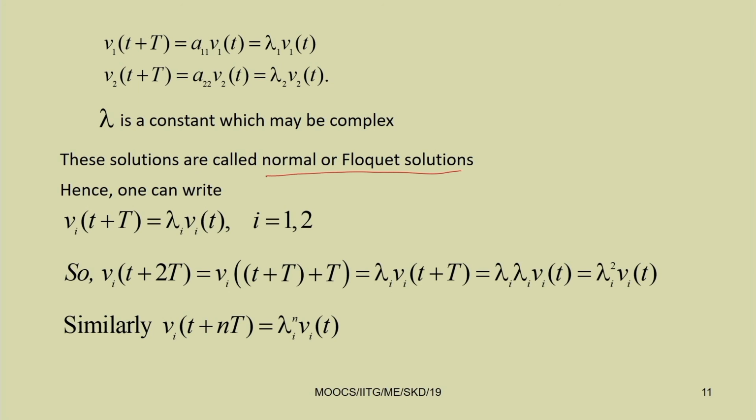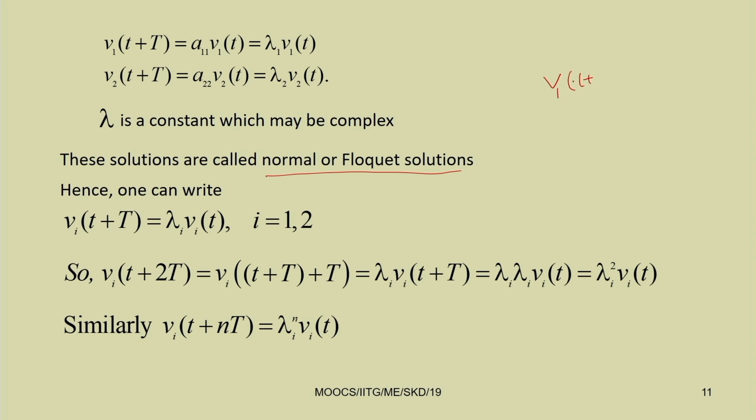So, in that case we can write Vi(t+T) equal to lambda i Vi(t). For i equal to 1 and 2 we can substitute, so that V1(t+T) equal to lambda1 V1(t) and V2(t+T) equal to lambda2 V2(t). Now, let us add one more cycle. For example, let us take only V1.